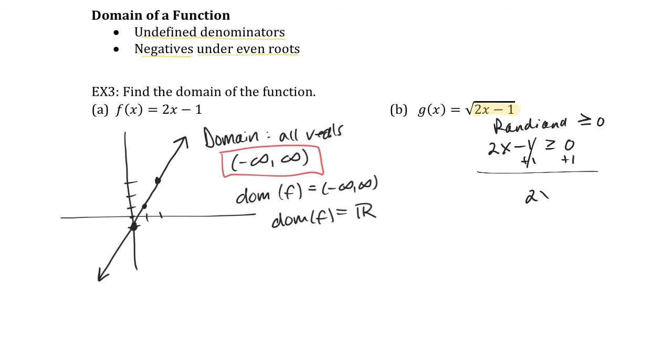So we would have 2x is greater than or equal to 1, and dividing by 2, we would get x is greater than or equal to 1/2. So now our domain of g would go from 1/2 to infinity.